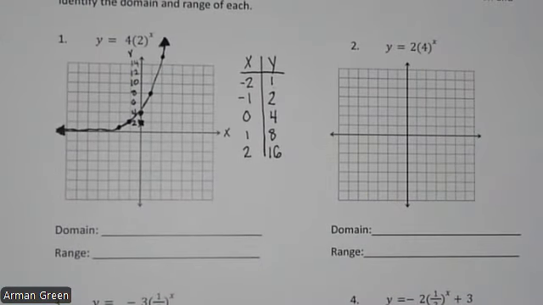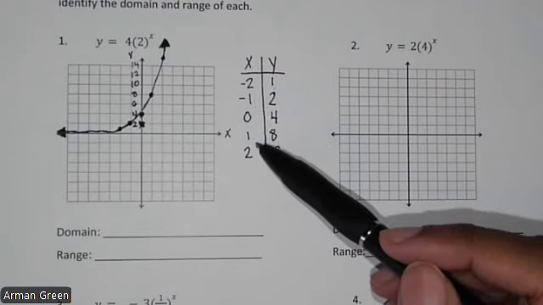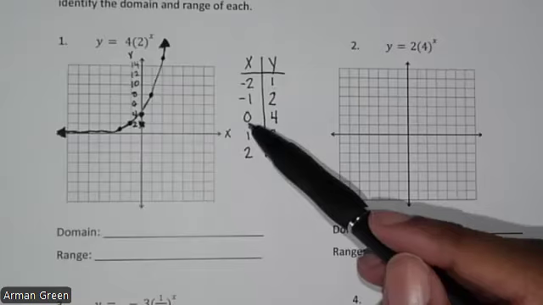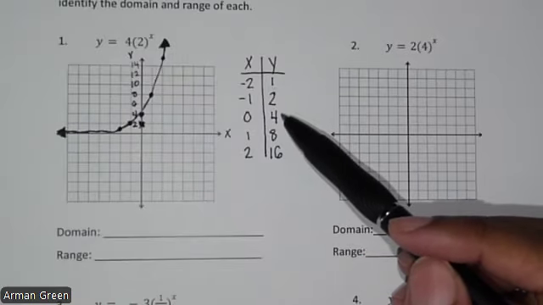Now, looking at our curve, similar to before, we are trying to identify the domain and the range. Domain is your x values. Looking at what we just did in terms of that table, we had negative x values, positive x values, and a 0 x value, and no matter what we used, we got an answer every single time.